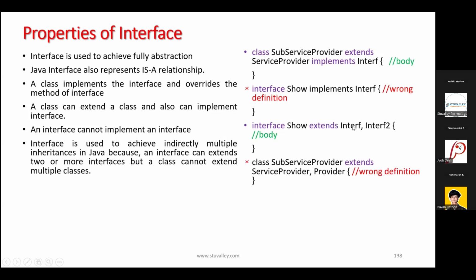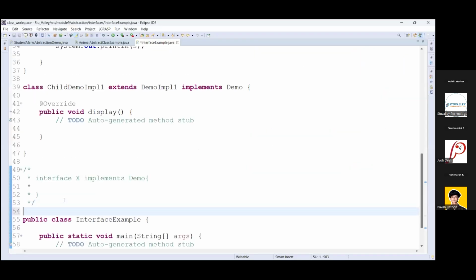Interface show extends first interface, second interface. But a class sub-service provider extends service provider, it is not possible, right? This is a wrong definition. This is a correct definition.